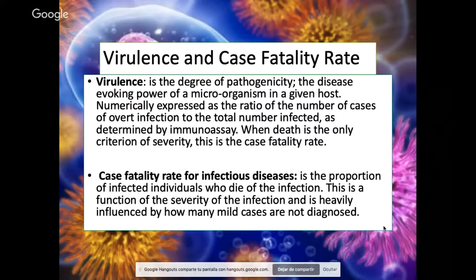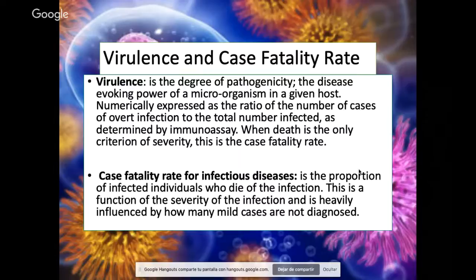And now we're talking about virulence and case fatality rate. Virulence is the degree of pathogenicity, the disease-evoking power of microorganisms in a given host, numerically expressed as the ratio of the number of cases of overt infection to the total number infected, as determined by immunoassay.